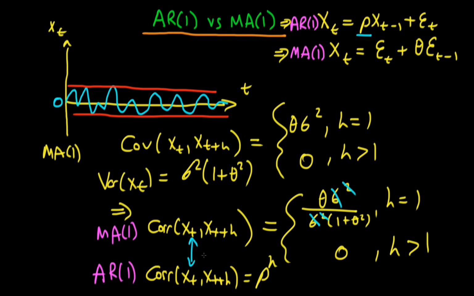Because note that we can't tell by looking at the mean nor by looking at the variance whether our process is MA1 or AR1, because both of them have a mean of 0 and a constant variance. Whereas the difference comes in the fact that there is a different correlation structure. And we can use that difference between the correlation structures to help us diagnose which type of process we have. And that's what I'm going to do in the next video.